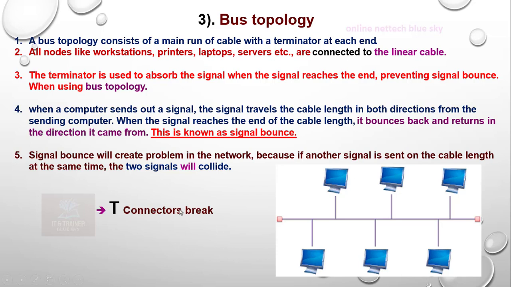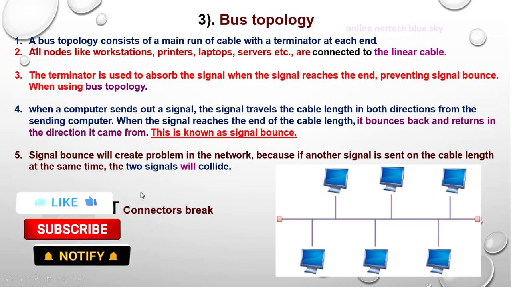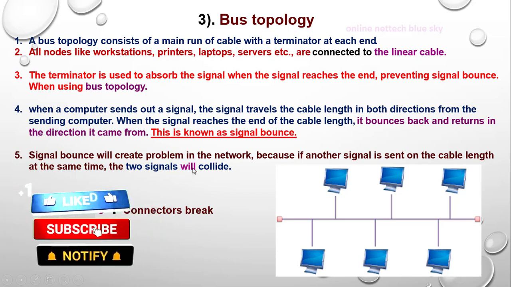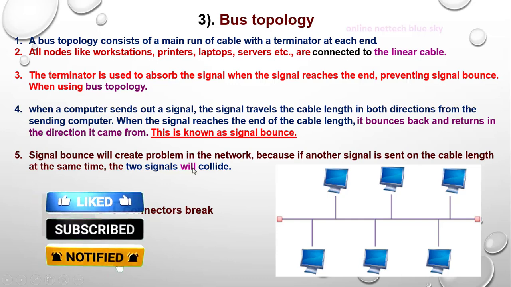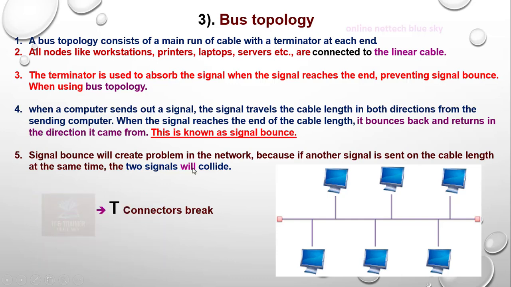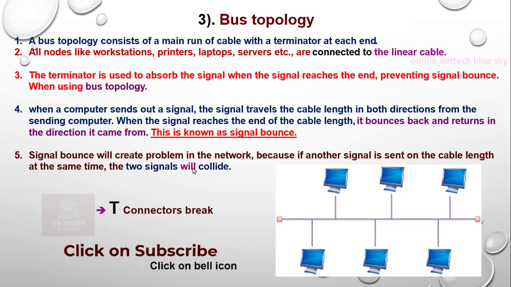So first, the T connector. This type of cable, you can see in my picture. This bus topology uses a T connector, and a T connector type of card in your computer. Engineers use this type of signals and system.